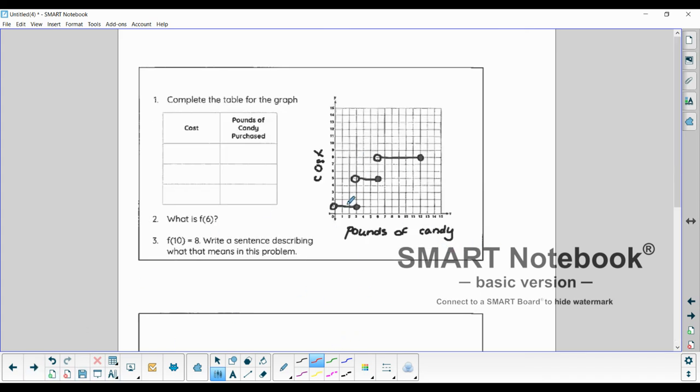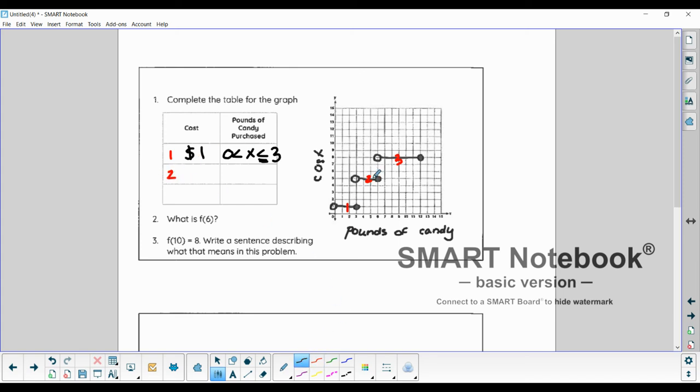So this one has 3 steps. So the first step has a cost of $1 between the weight of 0 and 3. Closed circles on 3, so I put the equal to line there.